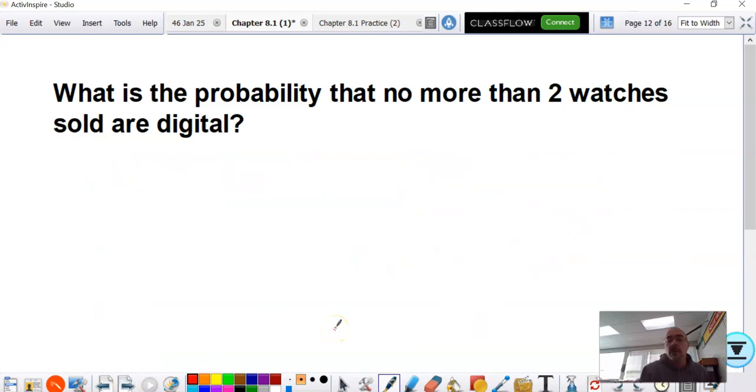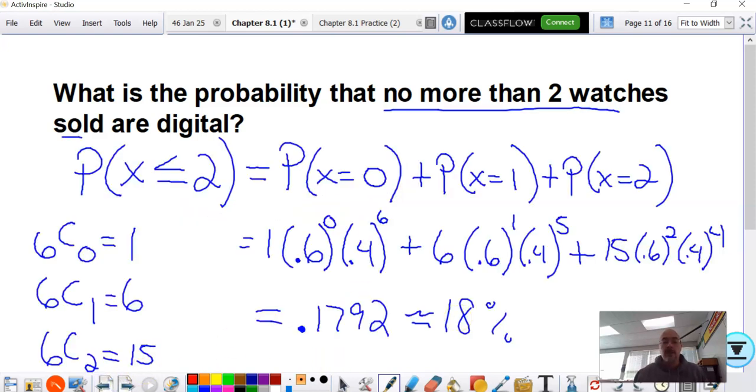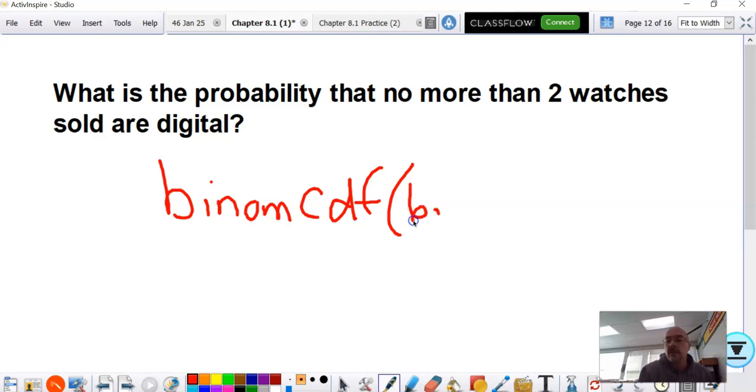So when doing this one on the calculator, you're going to pick the cumulative distribution function, CDF. And again, the calculator, as I mentioned earlier, can only count down. Well, folks, this is counting down. 2, 1, 0. Okay, so 6, 0.6, 2.